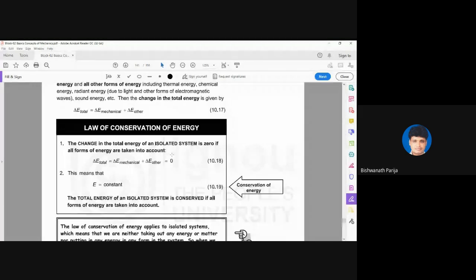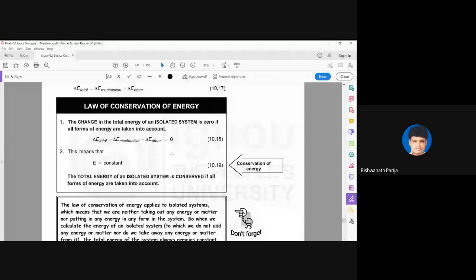No change of energy in an isolated system, so energy remains constant. The total energy of an isolated system is conserved if all forms of energy are taken into account. Everyone clear?